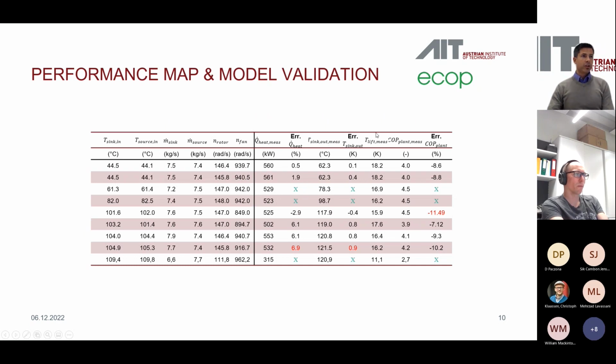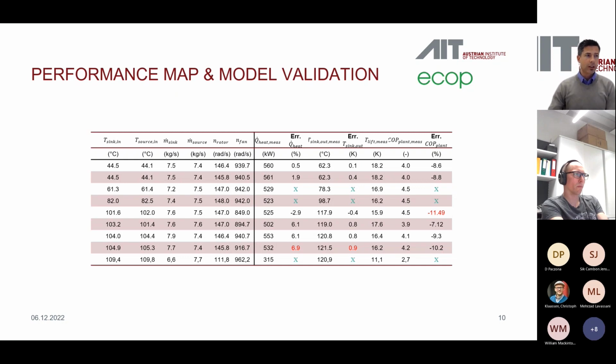Also for the outlet temperature and the lift, as well as for the COP. The axes here in blue mark simulations which were not successful. And in red, you see the largest deviations, so the biggest errors.